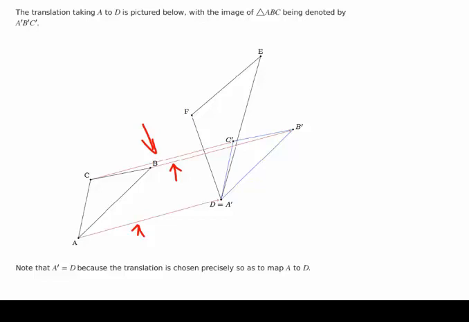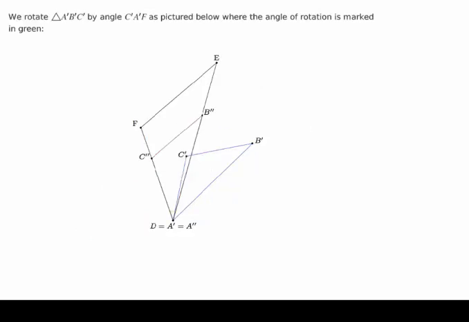All right, then the next transformation that we're going to do is we need to rotate. So we're going to rotate that triangle that we have translated a little bit counterclockwise, so that segment A prime C prime will lie on top of segment DF.